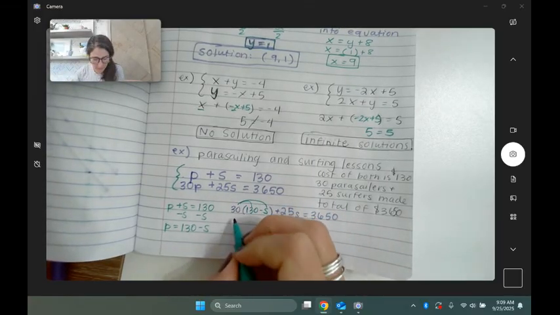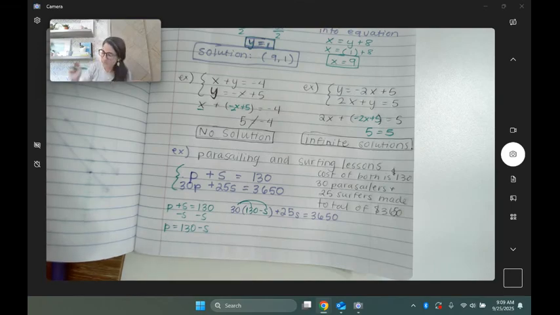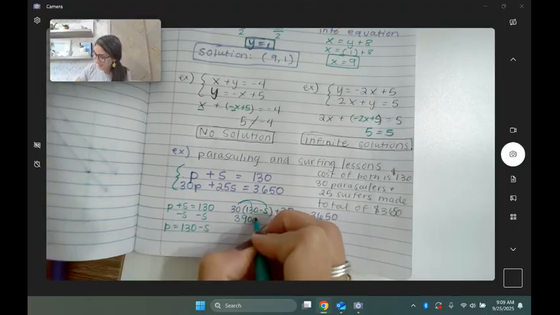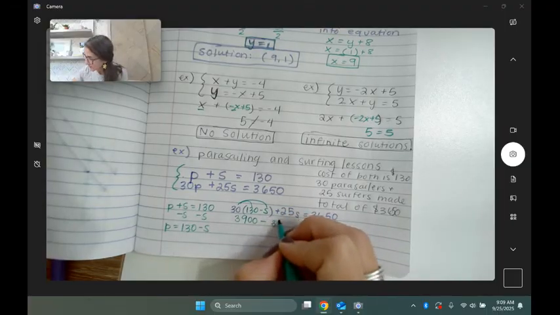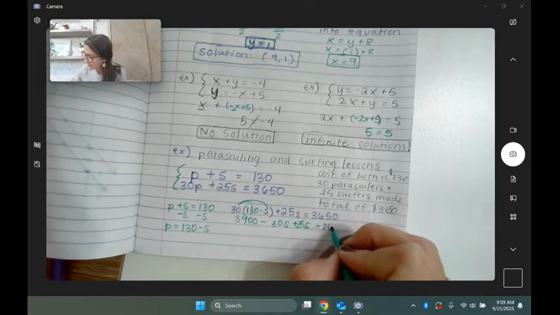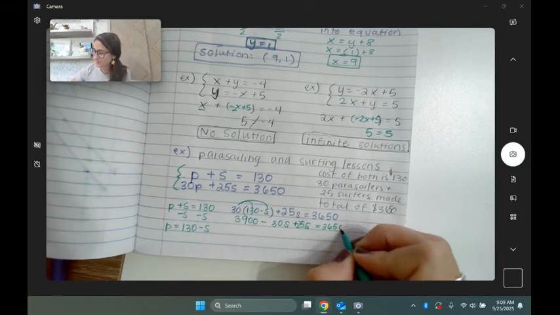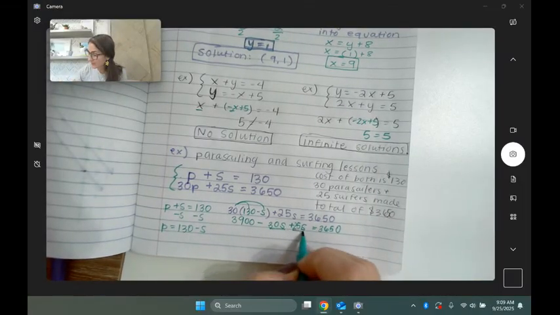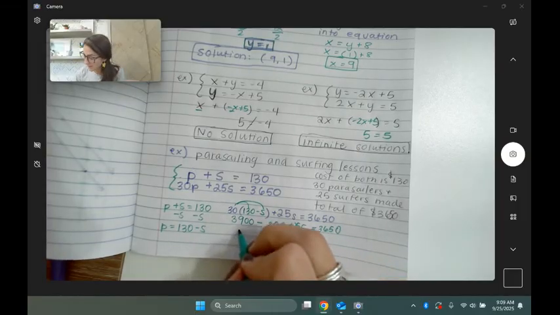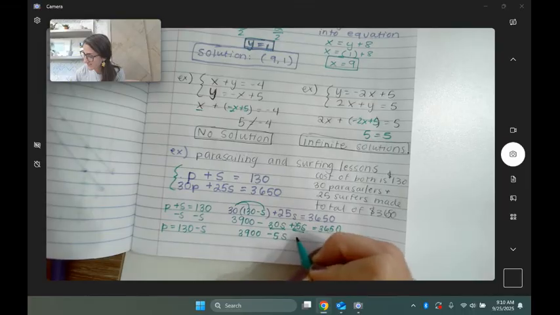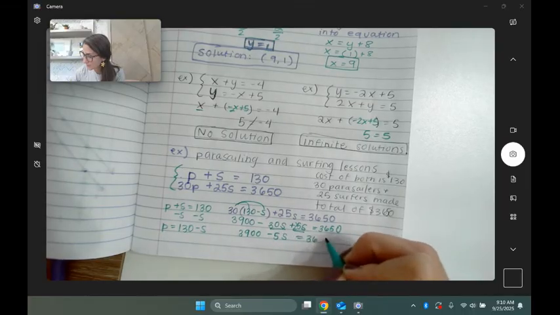So this is going to be 30 times 130 is 3,900 minus 30S plus 25S equals 3,650. Like terms here, I have negative 30 plus 25. So negative 5S equals 3650.